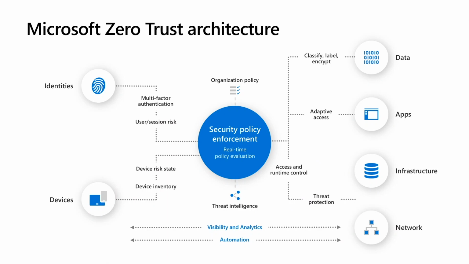We can look at the data that's being accessed, the application that's being used to access the data. We can look at where the user is connecting from and the trustworthiness of that network, and even the physical location that the user is attempting to connect from, based on some assumptions around the source address on the network.